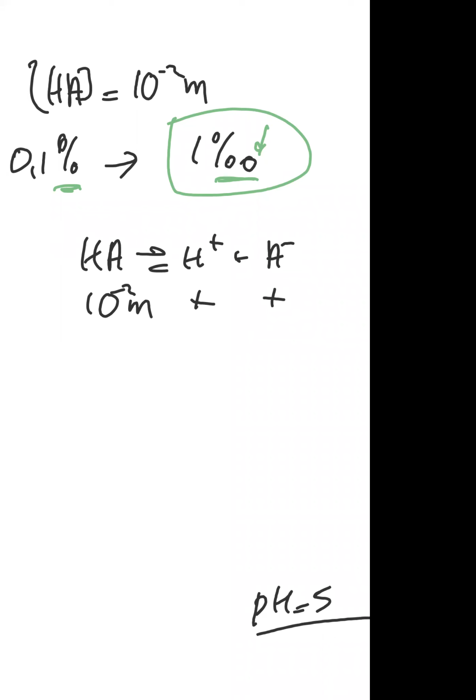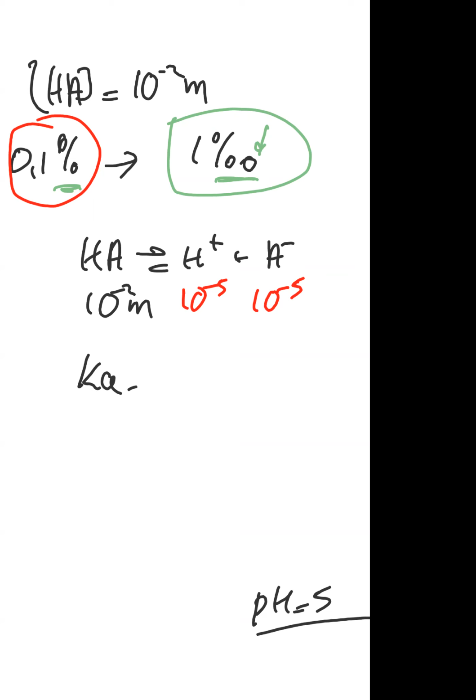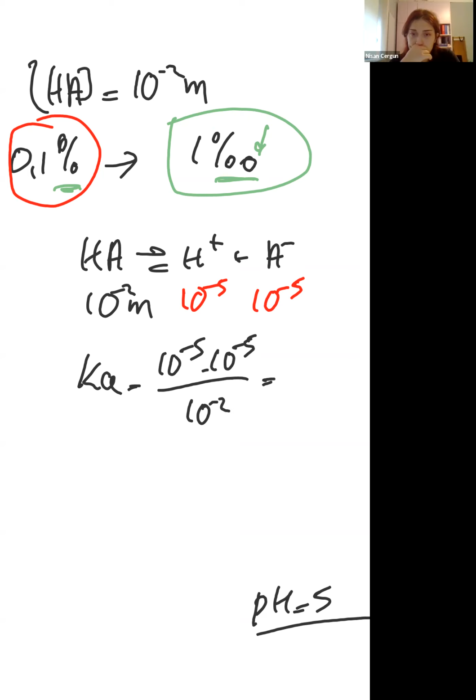That's why we make this cross multiplication to find out what the X's actually are. Then they are 10 to minus 5 and 10 to minus 5. Then it's easy. The Ka value will be 10 to minus 5 times 10 to minus 5 divided by 10 to minus 2, which will yield 10 to minus 8.